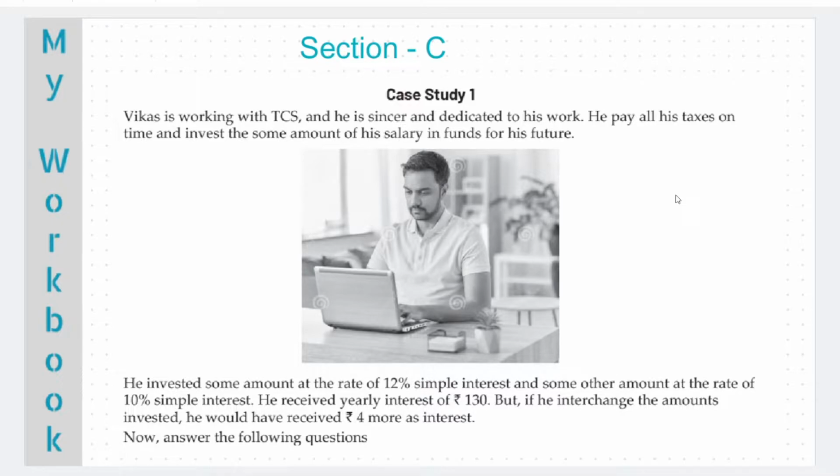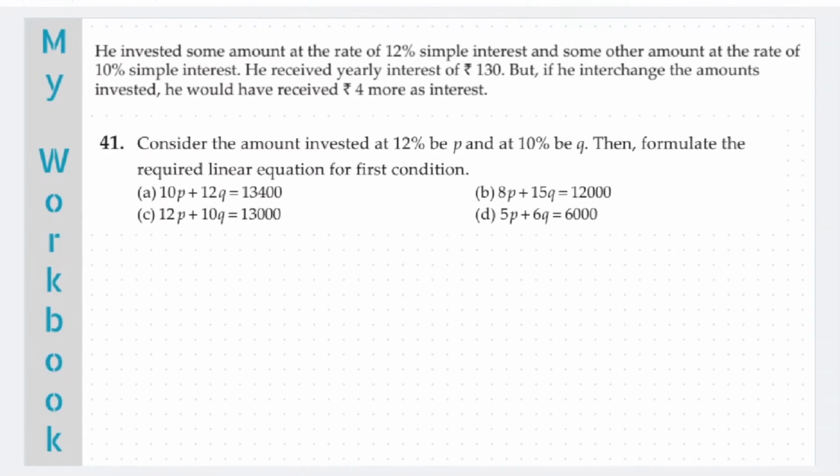He received yearly interest of rupees 130. But if he interchanged the amounts invested, he would have received 4 more as interest. So that is the case study, and we need to answer 5 questions based on this.